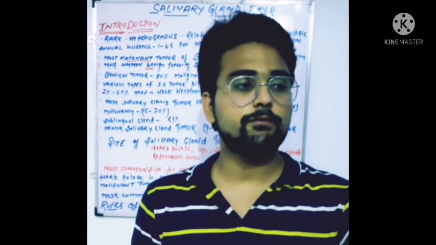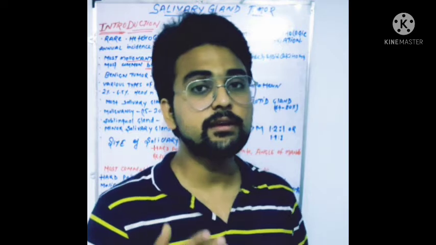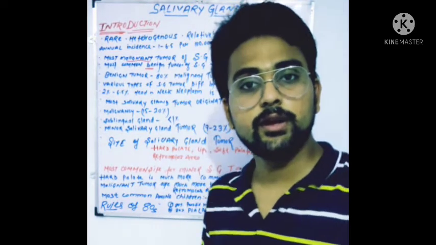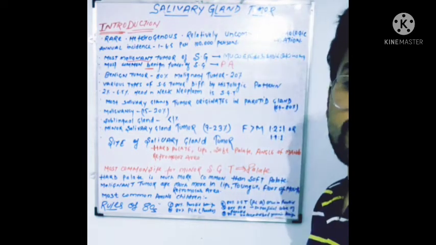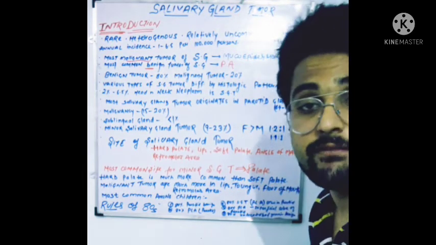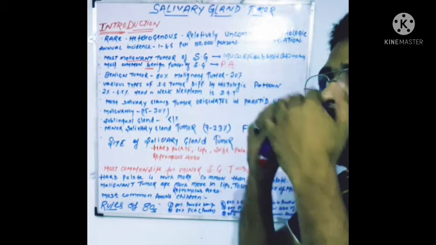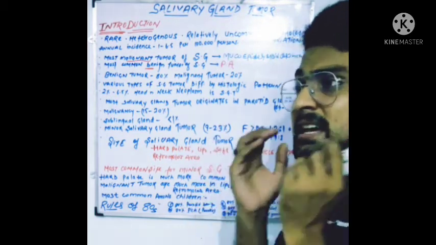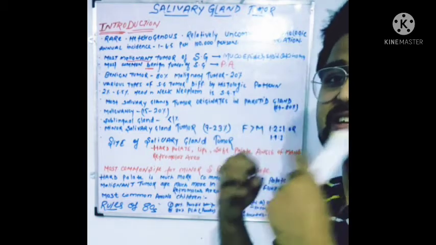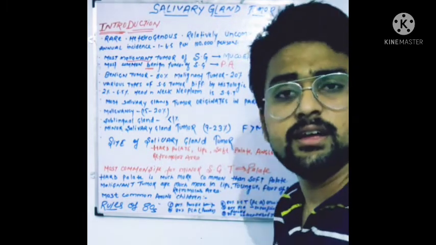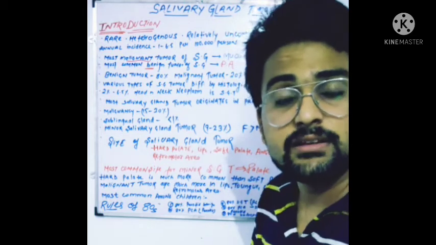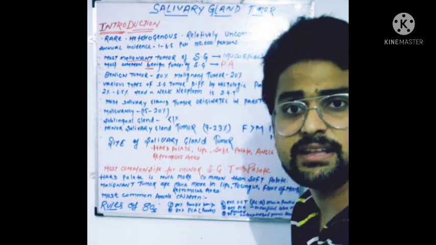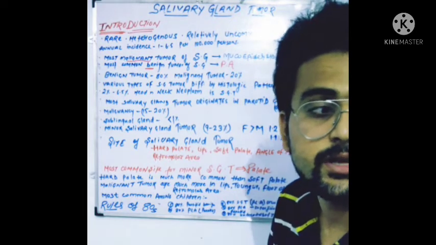Examples are rubber industry workers, coal tar industry workers, and woodworkers, because they always inhale dust, and every time the salivary gland is getting irritated, and bacteria can damage that gland. So occupational hazard can also cause salivary gland tumor.